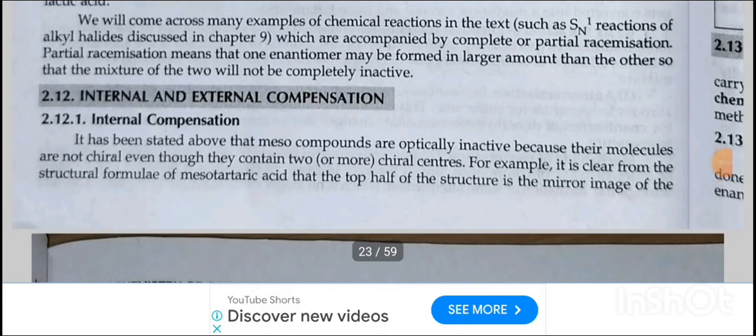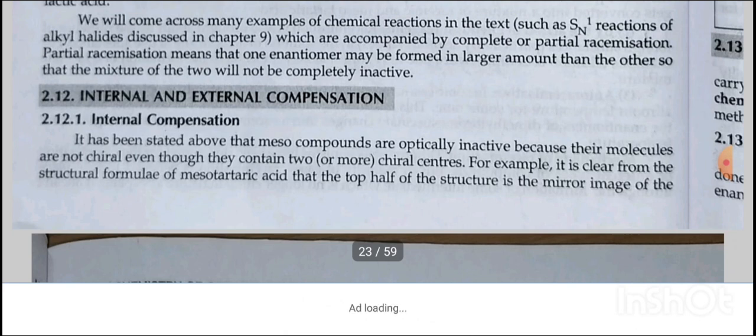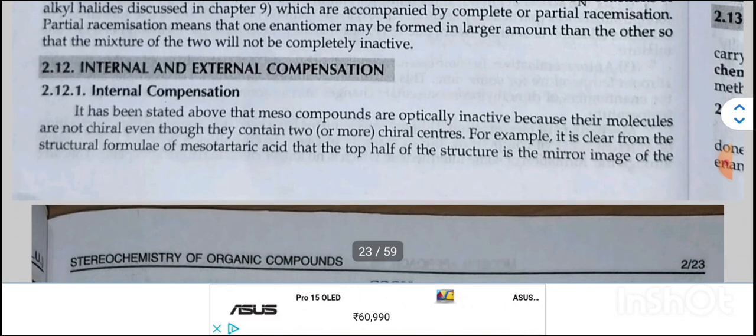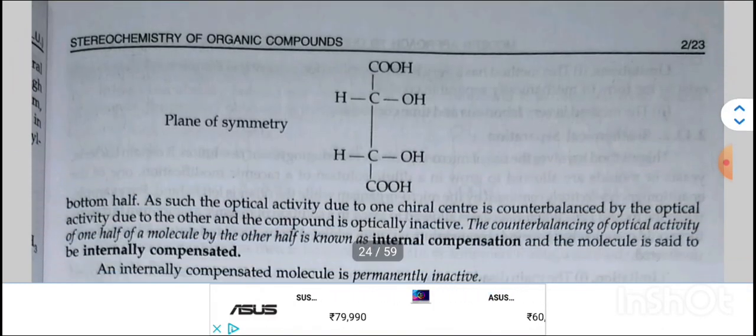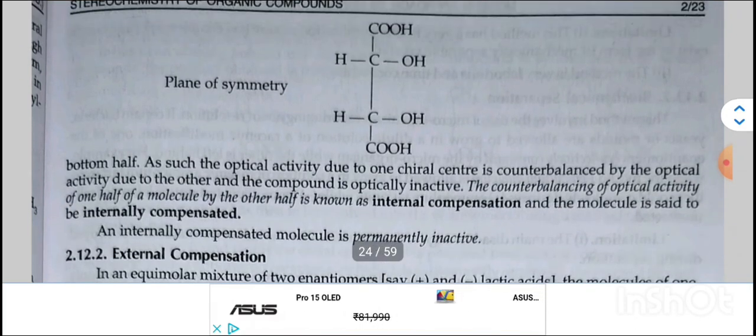Internal and external compensation. Internal compensation. It has been stated above that meso compounds are optically inactive because their molecules are not chiral even though they contain two chiral centers. For example, it is clear from the structural formula of meso tartaric acid that the top half of the structure is the mirror image of the bottom half.